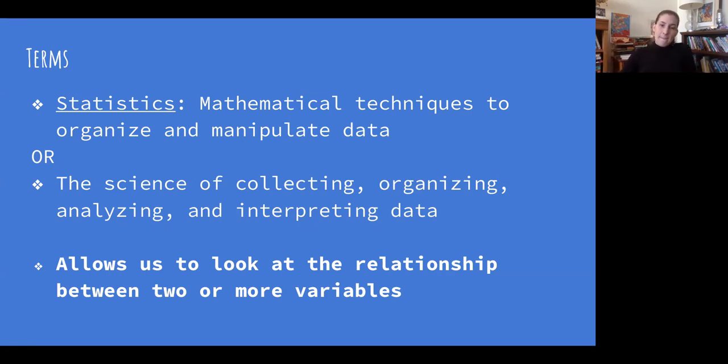What statistics can do is this: we have something called descriptive statistics that can just tell us some details about one specific variable, or we can look at the relationship between two or more variables. Remember that we have all these variables that we're looking at on the survey that we used as an example previously, or on any survey.